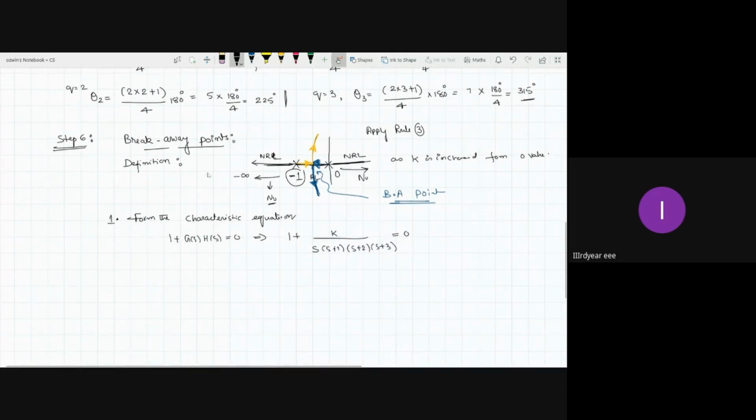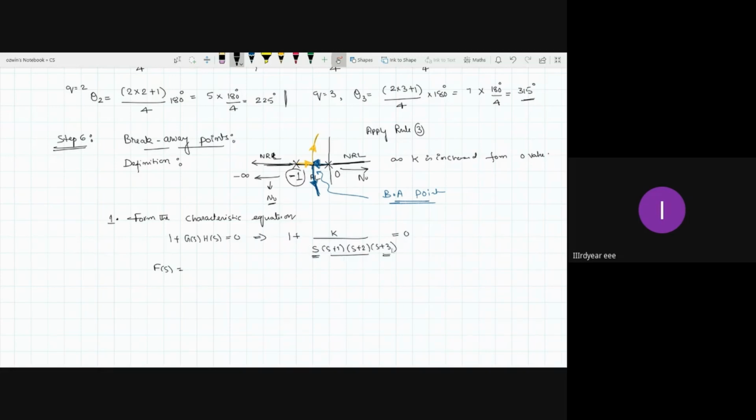So if you take LCM and equate the denominator to 0, you will end up getting the characteristic equation F(s) is equal to s into, okay, so this one I will open up. What I will do, we will reduce our calculation burden. So this and this I'll multiply before only.